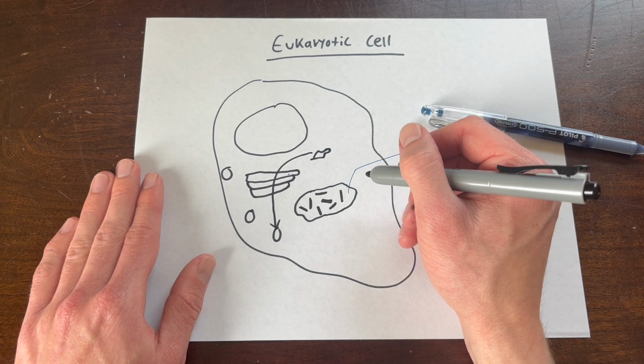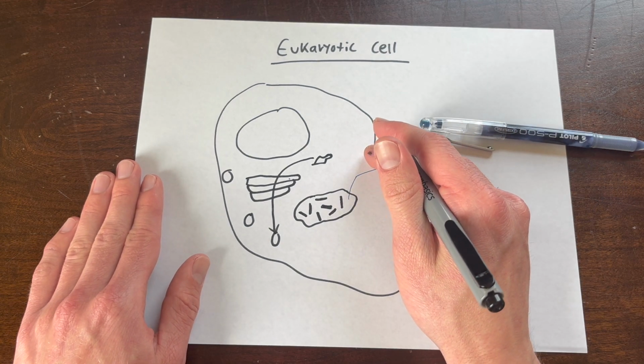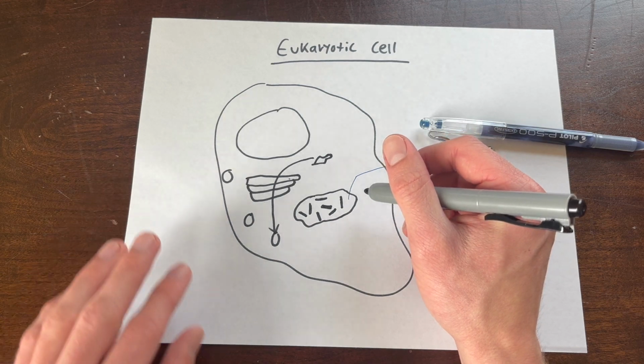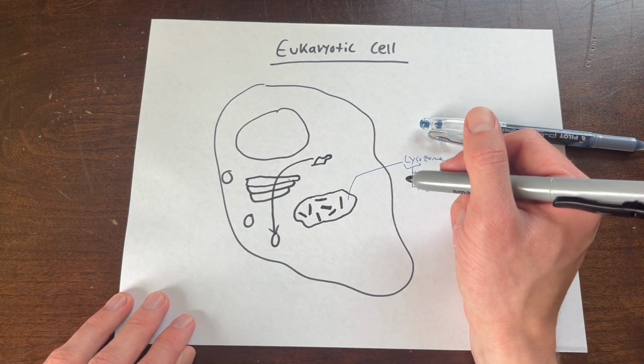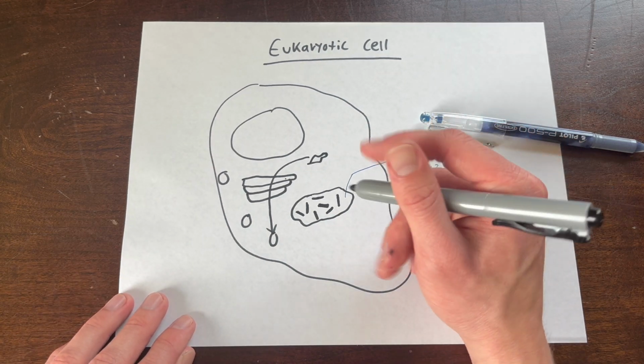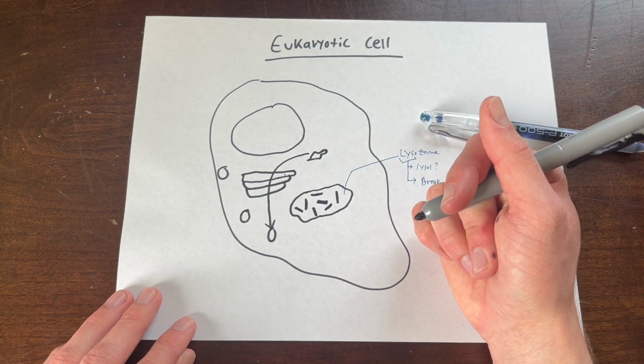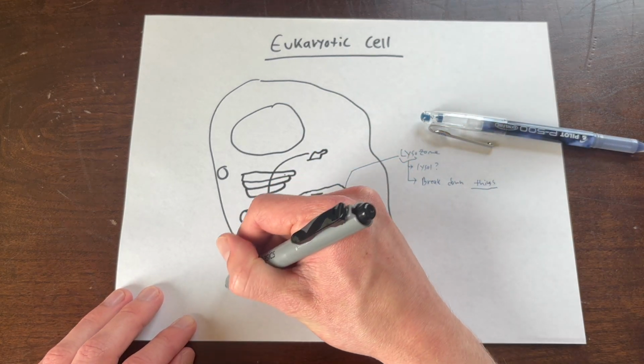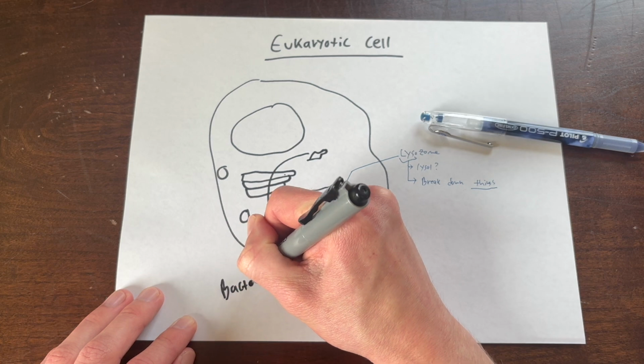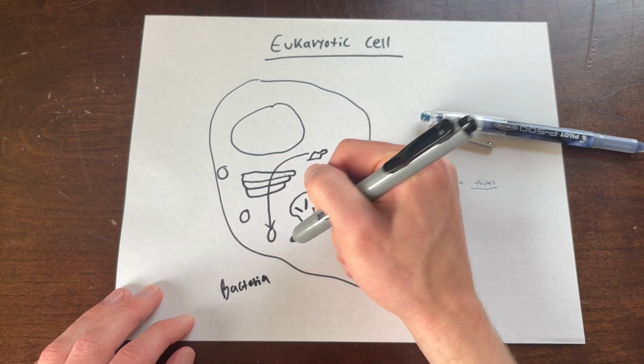It's like a shipping center. Interestingly to note, if you want a little bit more of an advanced example, some bacteria can actually use the Golgi to enter the cell.